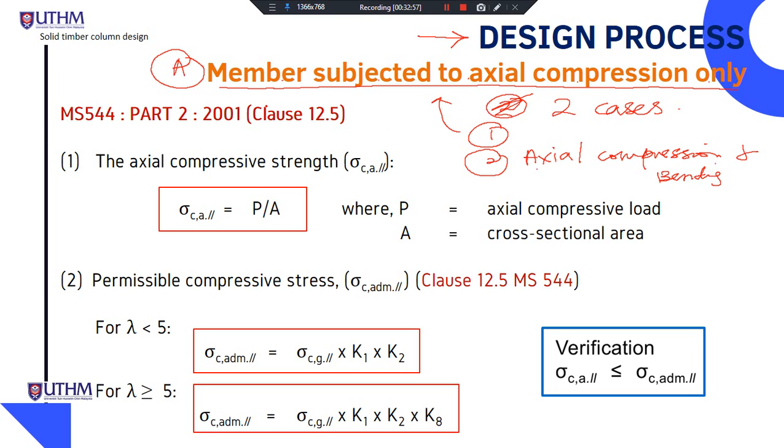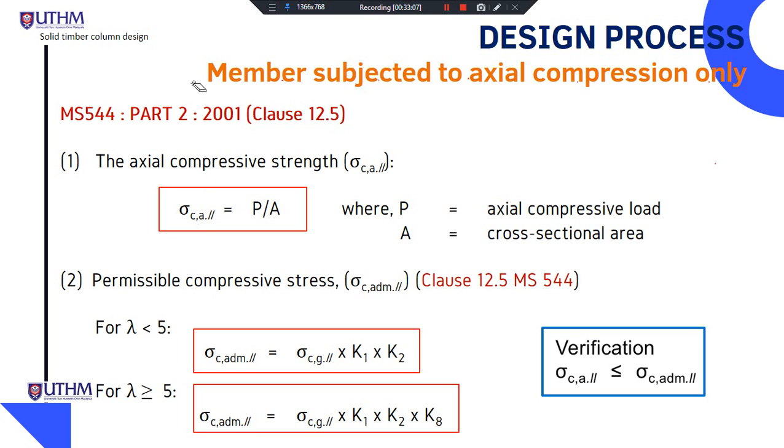First, let's look at case number 1, where the member is subjected to axial compression only. This is referred to in clause 12.5 of Malaysian Standard Part 2, 2001, on page 28. So you can find this clause at page 28 in the Malaysian Standard.